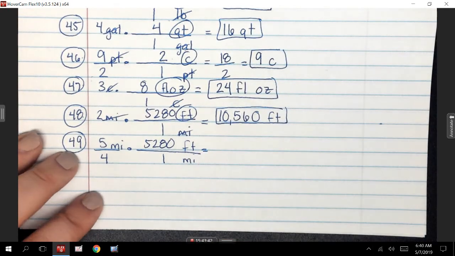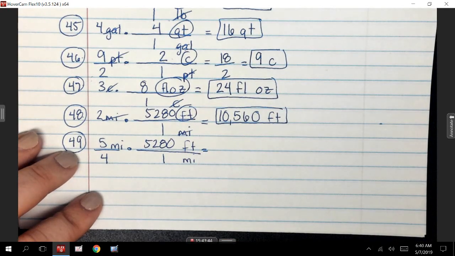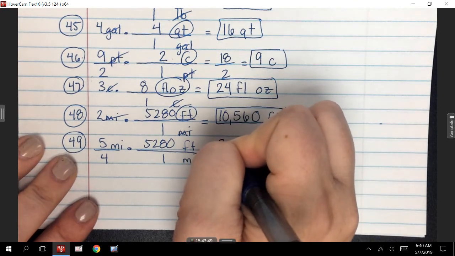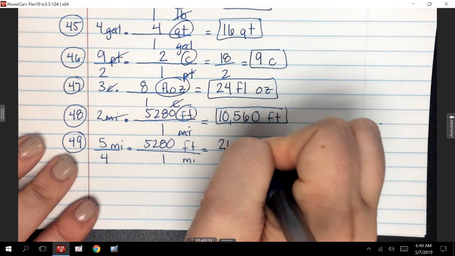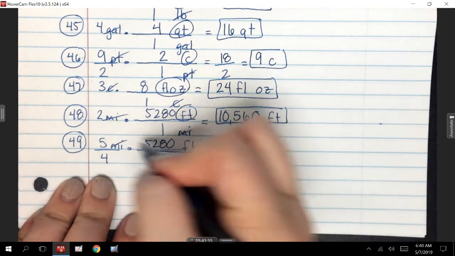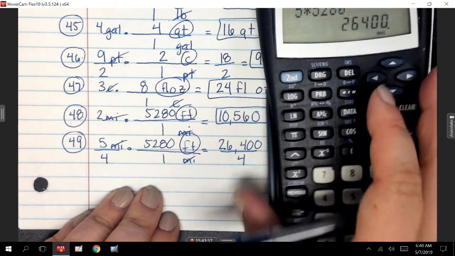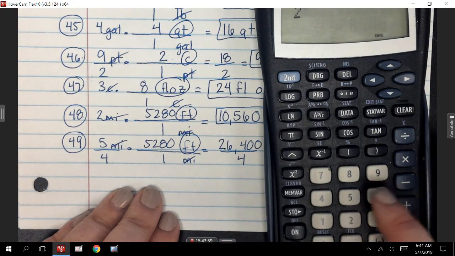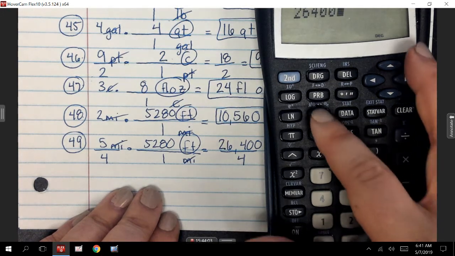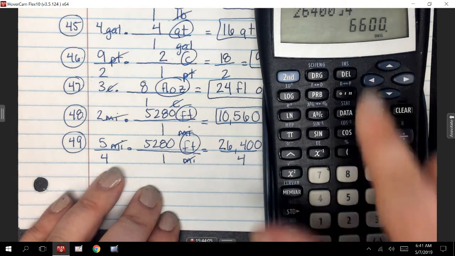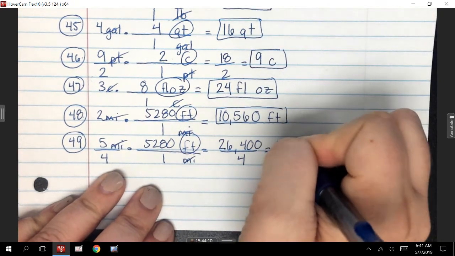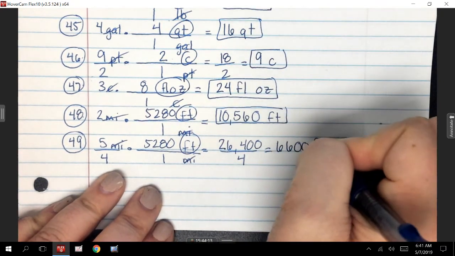So on the top, I have 5 times 5,280, which is 26,400 over 4. Those miles leave, and feet is what will be in my answer. So I'm going to do 26,400, fraction button, 4 on the bottom, and it simplifies all the way to a whole number of 6,600 feet.